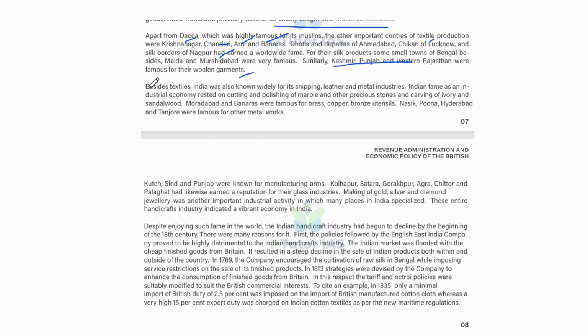And besides textiles, India was also known widely for its shipping, leather and metal industries, and Indian fame as an industrial economy rested on cutting and polishing of marble and other precious stones and carving of ivory and sandalwood. Moradabad and Banaras were famous for brass, copper, and bronze utensils, and Nasik, Pune, Hyderabad, and Tanjore were famous for other metalworks also.